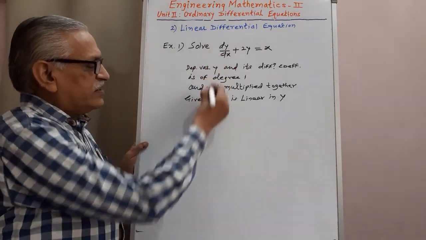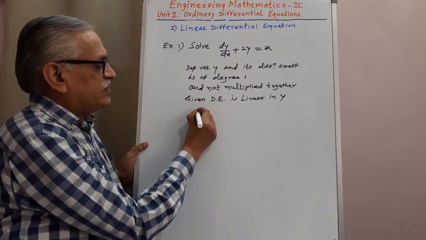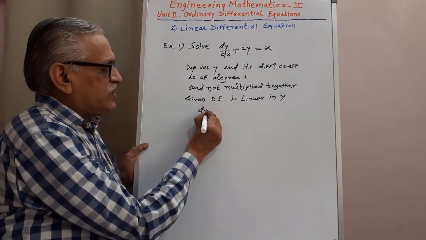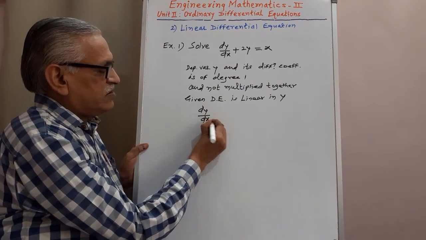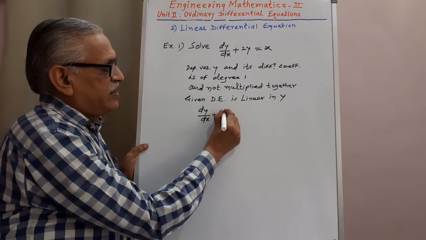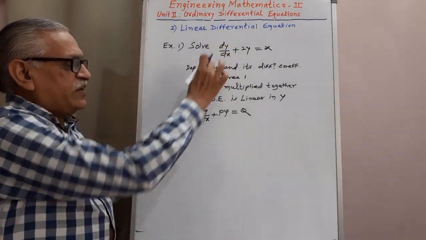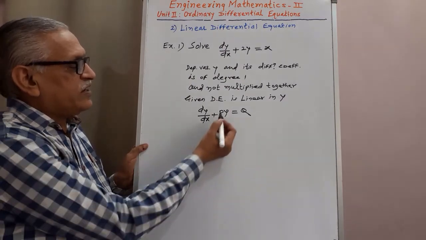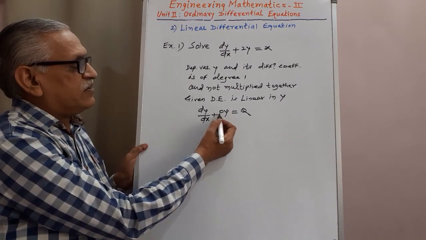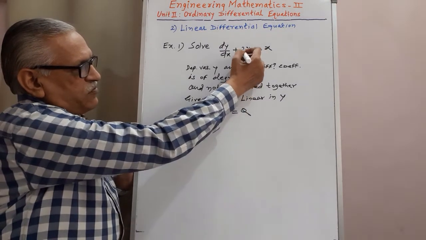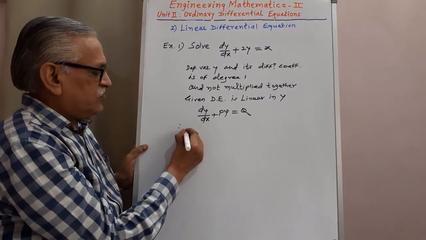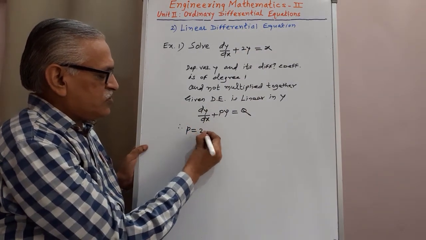And then comparing with the general form, dy by dx plus py equals q. Comparing with this general form, we get p as the coefficient of y, therefore the coefficient of y is here 2. We get the value of p as 2, a constant term.